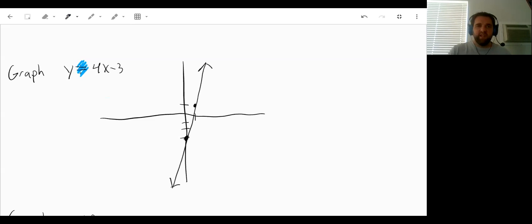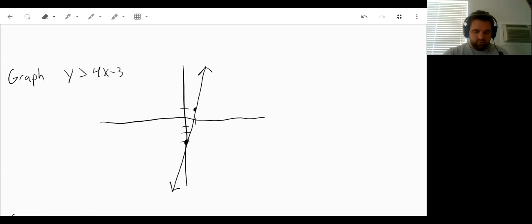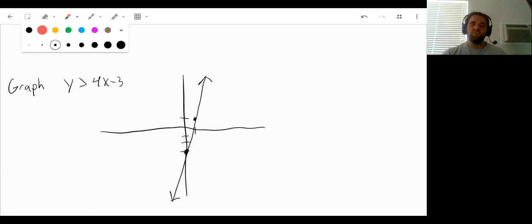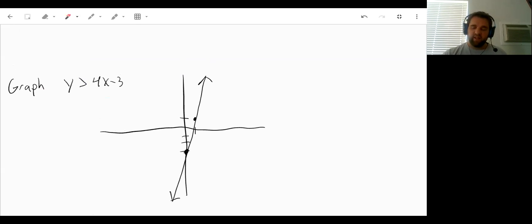So that was if it was an equals sign. However, it's not equal to. It is y is greater than that. So two things we have to figure out with this. First, if this were on a number line, we would do an open circle because it doesn't have that equal to line underneath. But since we're actually graphing a line for our answer here, it's not actually an open circle, but it's actually going to be a dashed line for our answer.